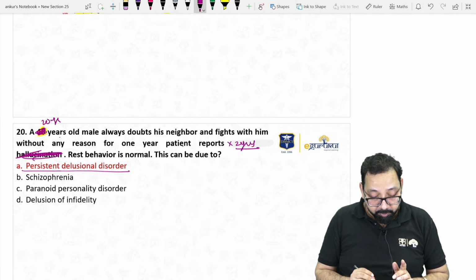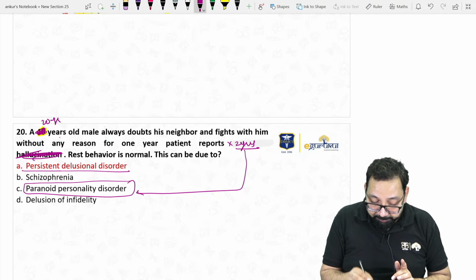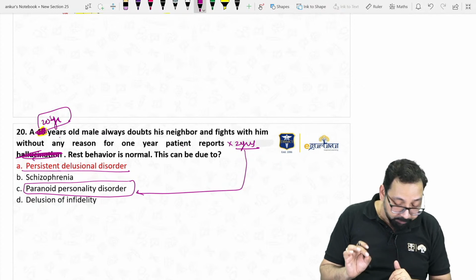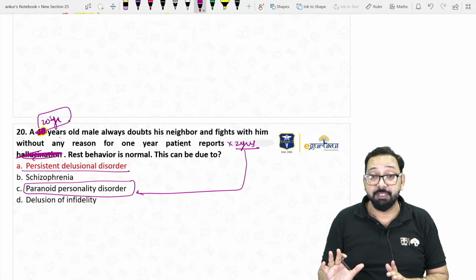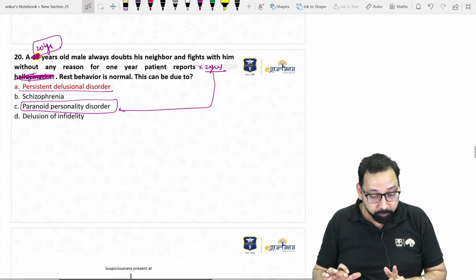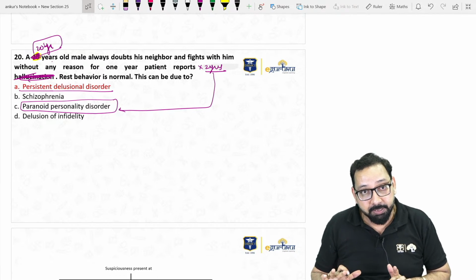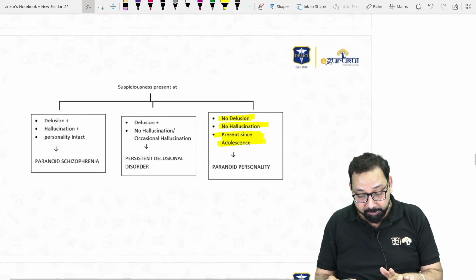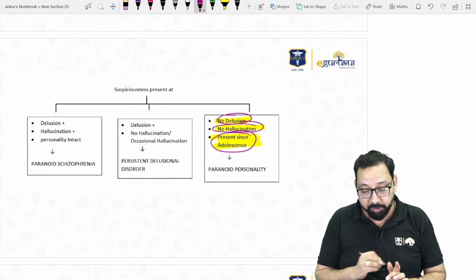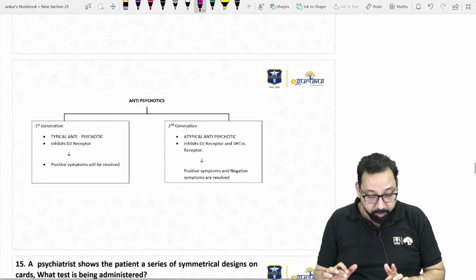Then you can think the answer is paranoid personality disorder, because paranoid personality disorder starts at an early age. Clear? Personality disorder starts in adolescence. If the question is asked, personality disorder diagnosis should be made in adolescence. So no delusion, no hallucination present since adolescence: paranoid personality disorder. These 3 questions you can solve.